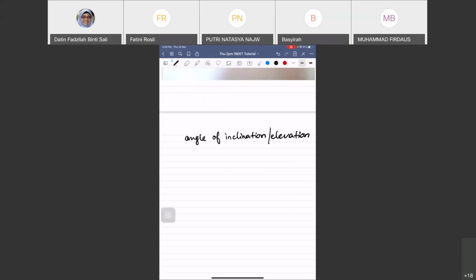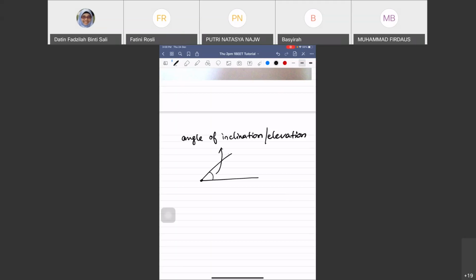Whether it's inclination or elevation, you are looking at the angle from the ground or horizontal line, and from a point you are looking to the top. So this is what we call angle of inclination or elevation.